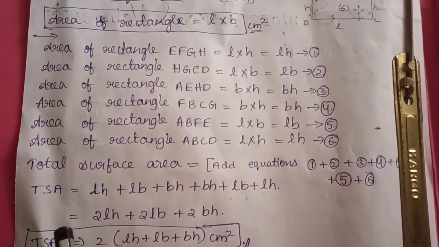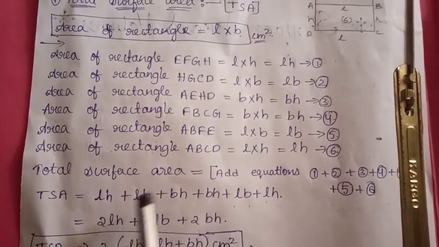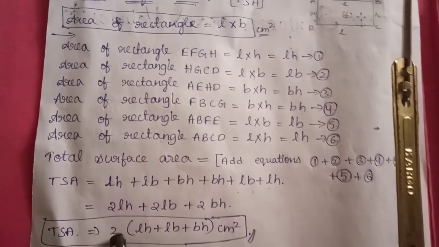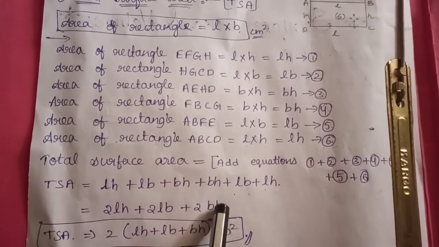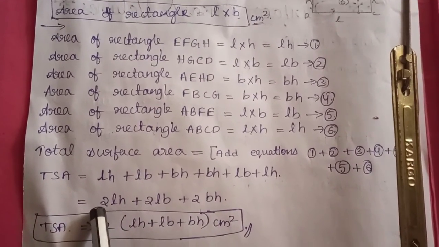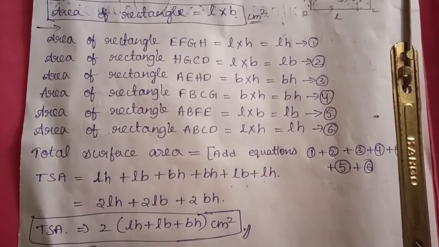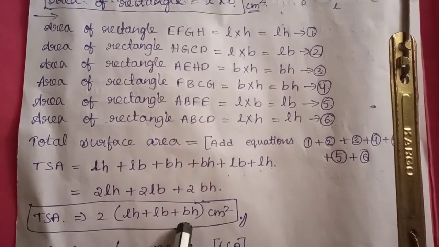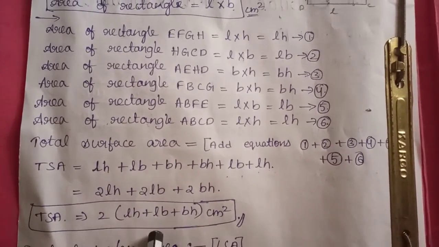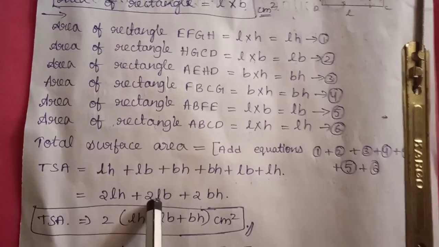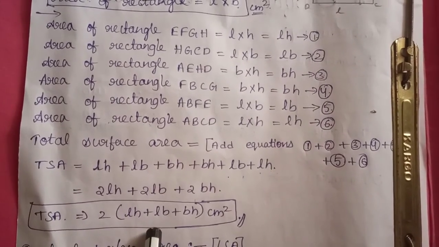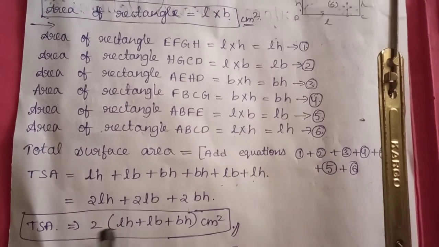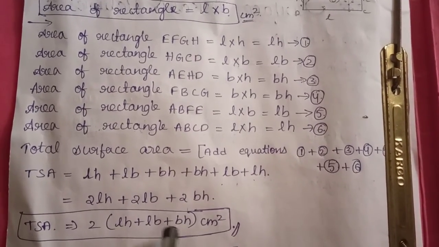So we have written 2 LH plus 2 LB plus 2 BH. You can see 2 is common in these 3, so we take 2 as common: 2 into (LH plus LB plus BH). Understood? So the total surface area of a cuboid is 2 into (LH plus LB plus BH).